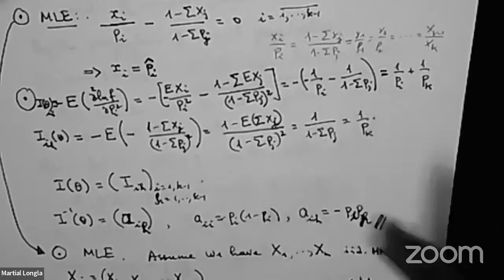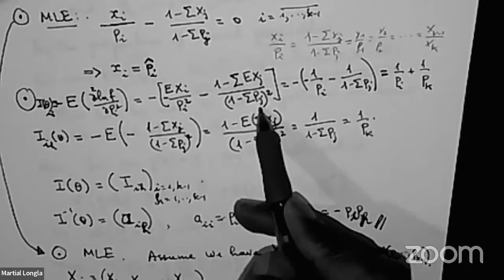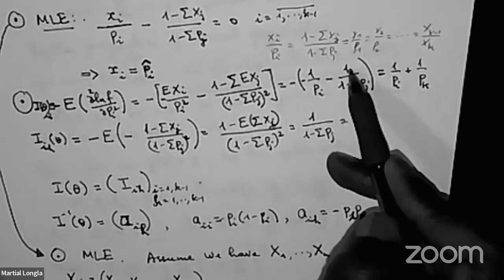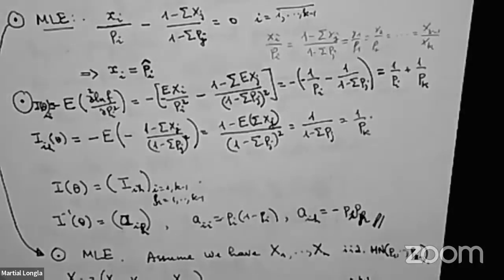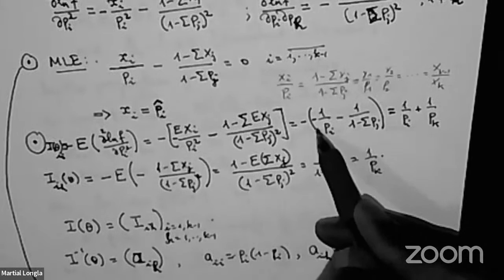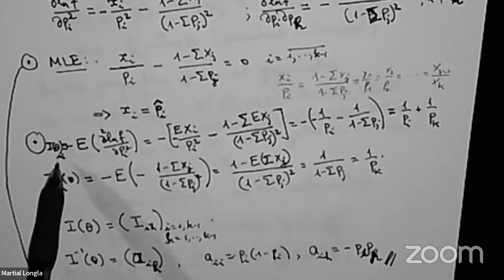That's why you get 1 over pi, and the expected value of each of the others gets you 1 minus the sum of pj's. So you cancel one of those, and this remains. And you know that 1 minus the sum of pj's, I called pk at the beginning. So you take that back in here as 1 over pi plus 1 over pk. So the Fisher information for pi is 1 over pi plus 1 over pk.